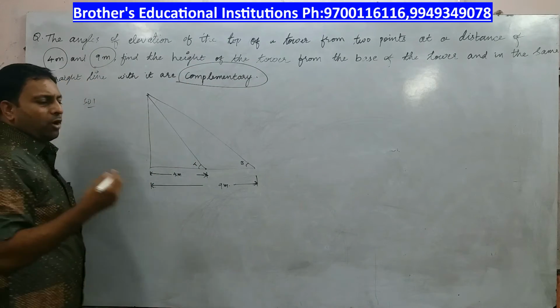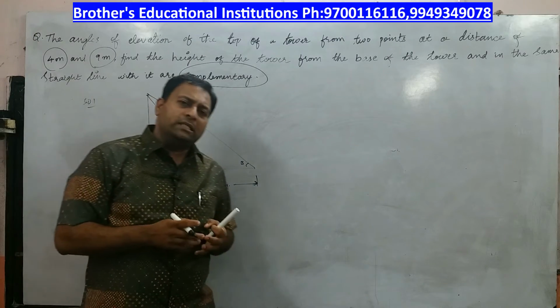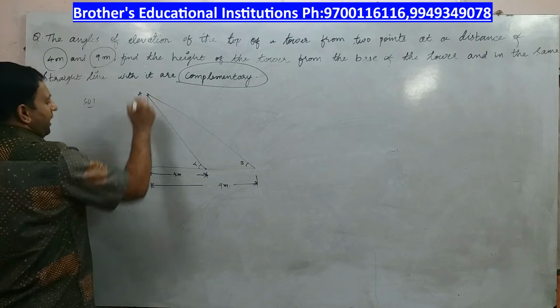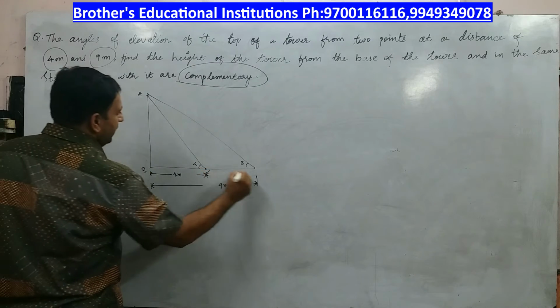Now what do you mean by complementary? Whenever the sum of 2 angles is 90 degrees, you call the angles complementary. So let me call AB as the tower, and C and D as the 2 points.